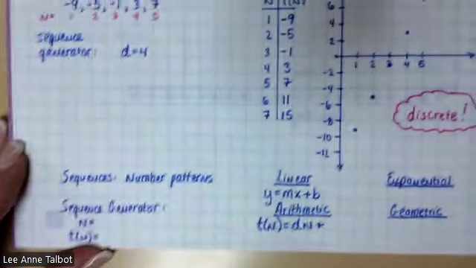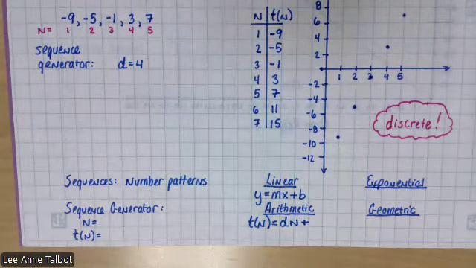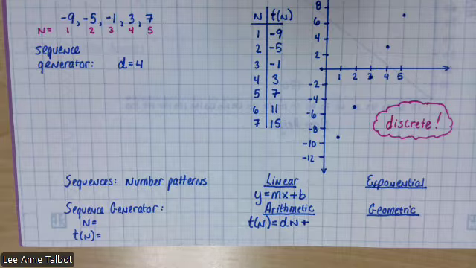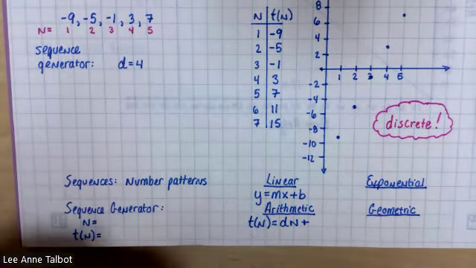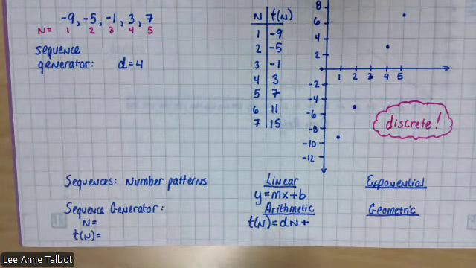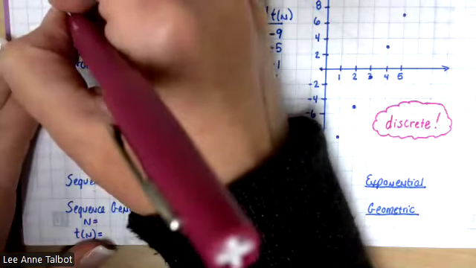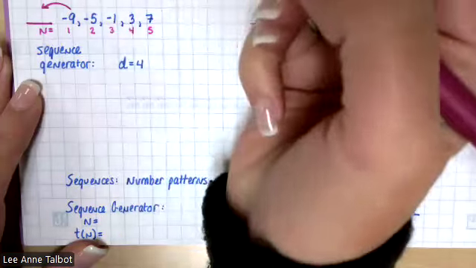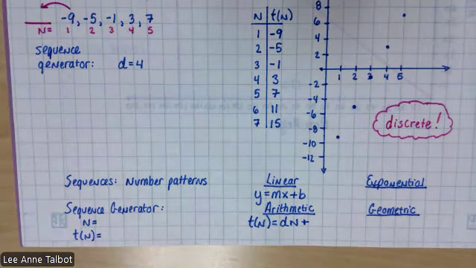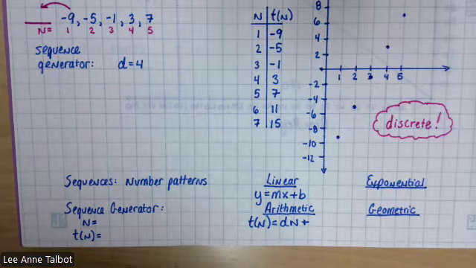Y-intercept. Okay. So here's the thing. These don't really have y-intercepts. This number, term 0, does not really exist. However, we're still going to use it in our equation. So take your other color, make an arrow going back, and I just put a line here to show that it's not really there, but we're still going to calculate it for our equation.